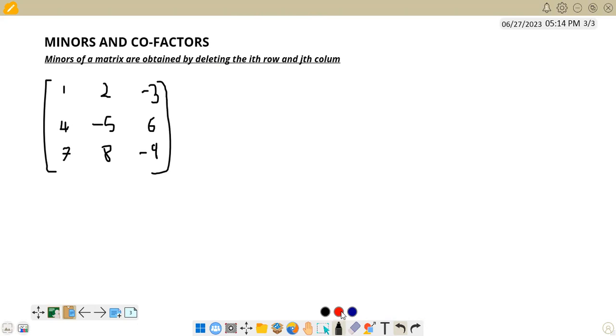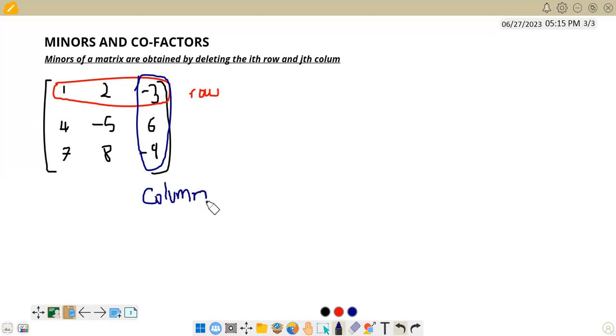So what they're saying, I see that these lines going this way, these are rows. These ones are rows, whereas these ones, these are columns. This is a column.